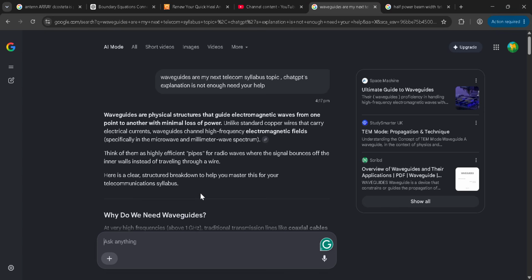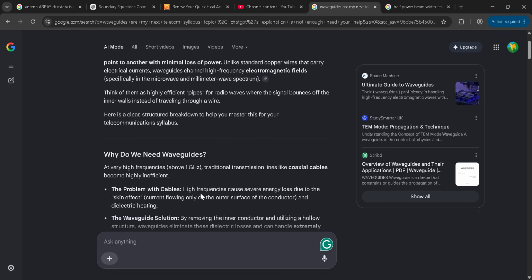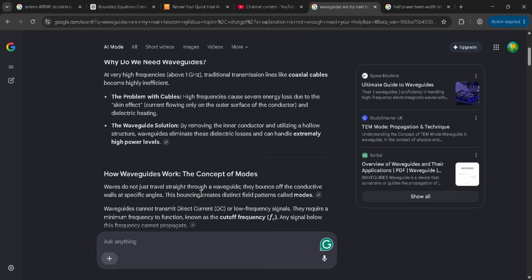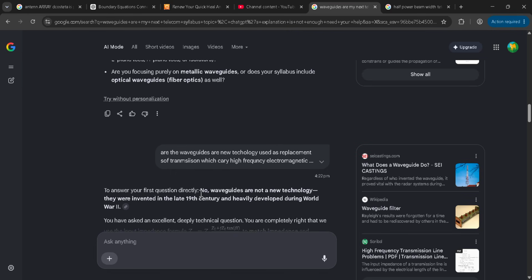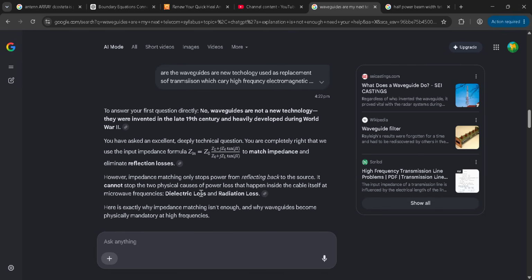Here is a clear structure breakdown to help you master this for telecom. So waveguides are a new technology, used as a replacement of transmission lines to carry high frequency radio electromagnetic waves.